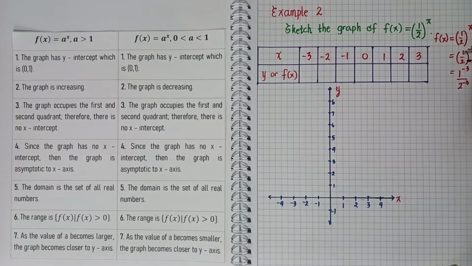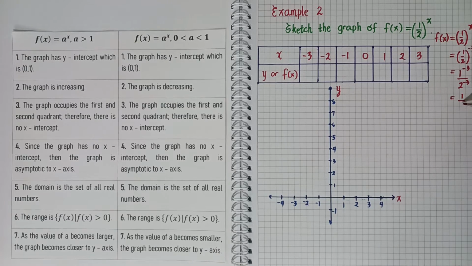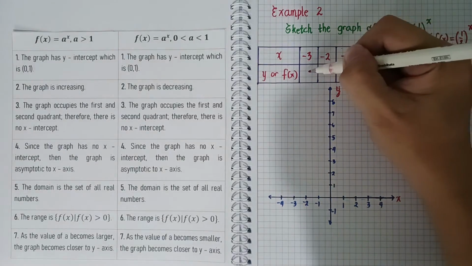So, how do we simplify? This becomes 1 raised to negative 3 ay 1 pa rin naman, right? Tama? Okay. So, what is 2 raised to negative 3? That is 1/8. Okay? And then, 1 divided by 1/8, that is equal to 8. Very good. Okay, so magiging 8 na siya guys.